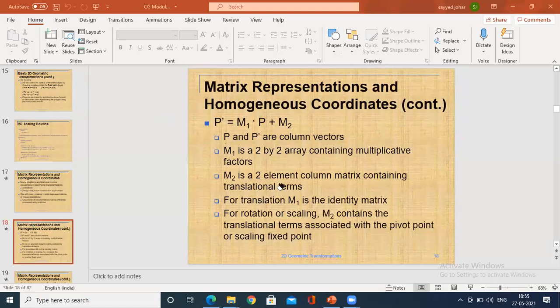M2 is a single two-element column matrix containing the translational terms. Translational terms mean the changes being made. So M2 is a translation column matrix.